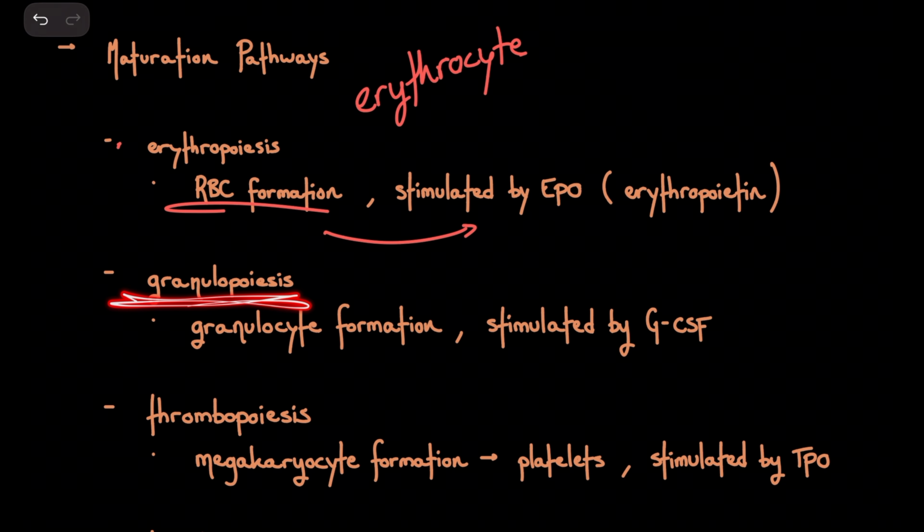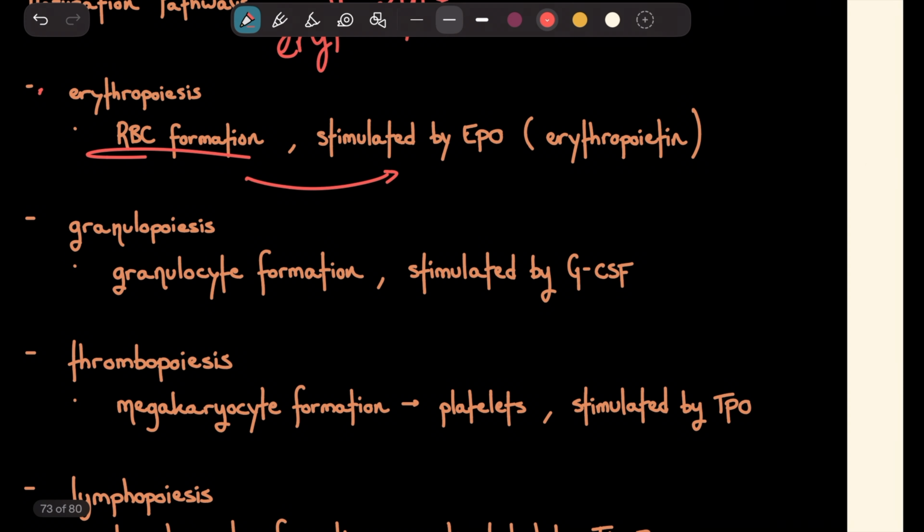Then we have granulopoiesis. So this is the granulocytes that I added in a little retroactively just now. We stimulate formation of those by this compound here. We'll talk about that more next class. But granulocytes are just all the types of cells that have granules within them. And you're like, well, that doesn't really narrow things down. It's a lot of things.